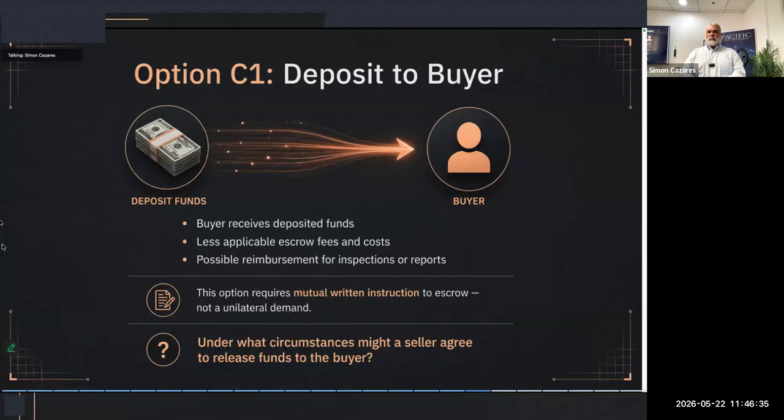The option requires mutual written instructions to escrow, not a unilateral demand. Under what circumstances might a seller agree to release funds to the buyer? There are many reasons sellers don't want to sign the cancellation, and sometimes there are good reasons for it. That's why we have this process.